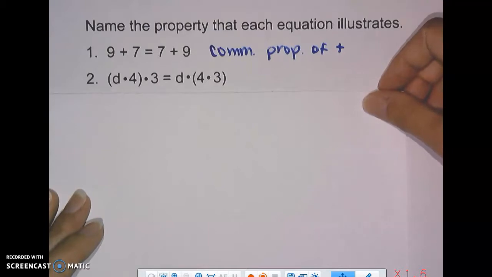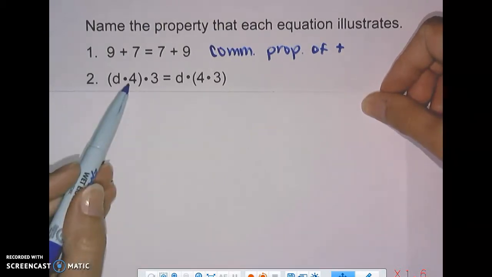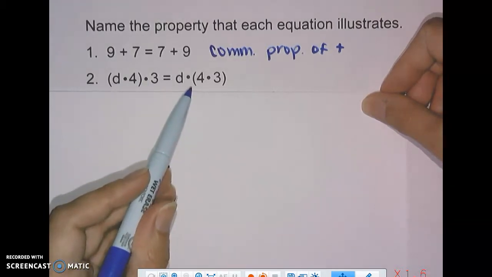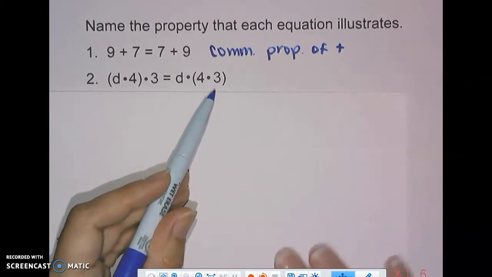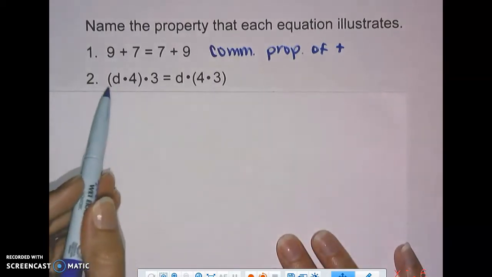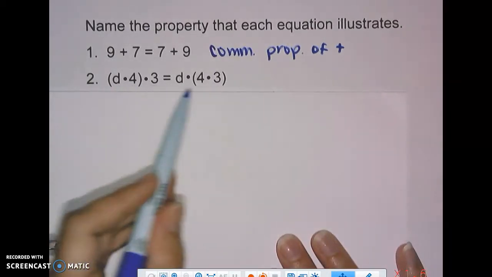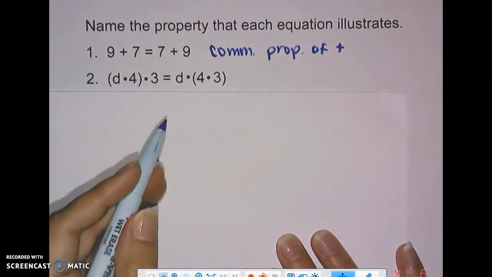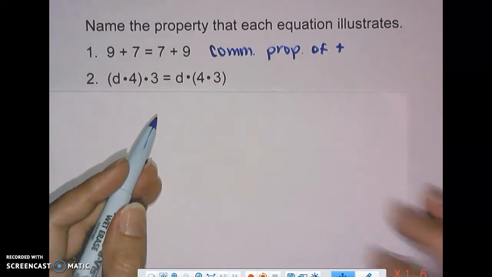All right, so on this next question, we have the quantity d times 4 times 3. That's equal to d times the quantity of 4 times 3. Well, if we're looking here, the D, the 4, the 3, they're all staying in the same order with each other. We're just taking those parentheses and sliding them over. We're associating other things together.